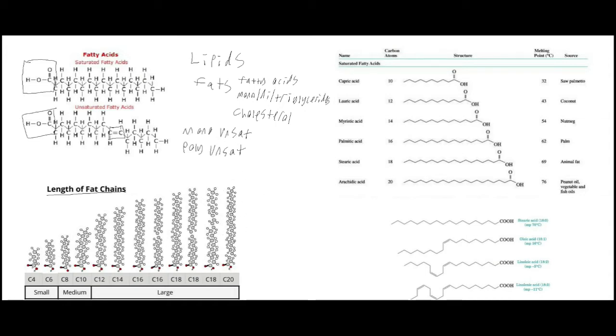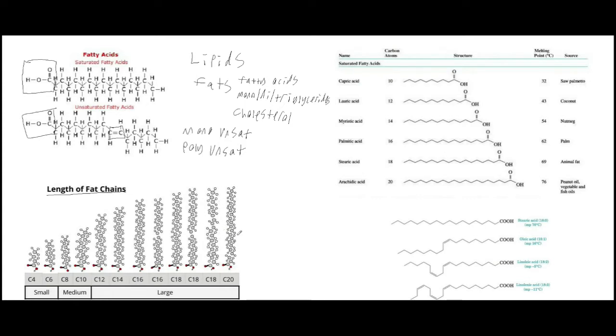So these down here that have 4 and 6 carbons are the small chain fatty acids. And then what you find in things like your coconut oil are your medium chain fatty acids, which are the 8 carbon and 10 carbon, and then your large chain fatty acids, which are the sorts of things you will find in what we consider fat.